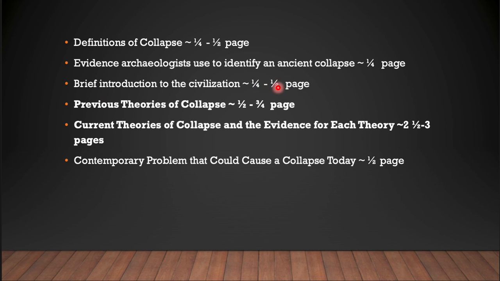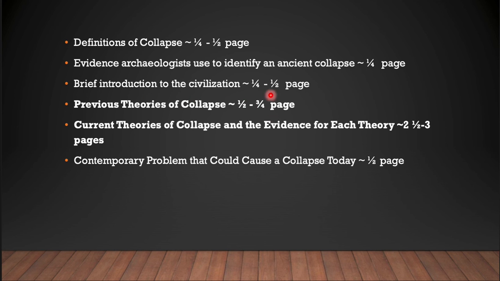Quarter page to half a page, right? So, the Old Kingdom of Egypt rose during this period. It was the period of the pyramids near 2100 BC. There was a sudden downturn in Egyptian civilization, etc. So you don't have to go too much into detail on the civilization.